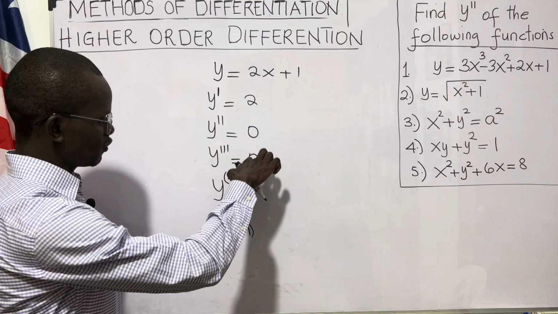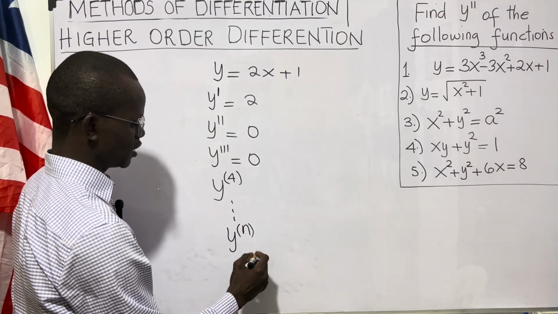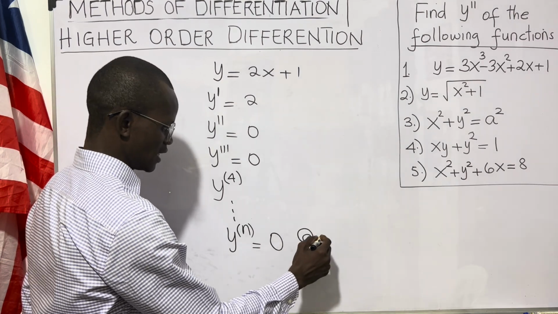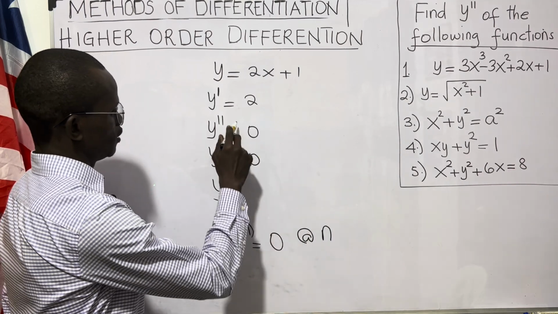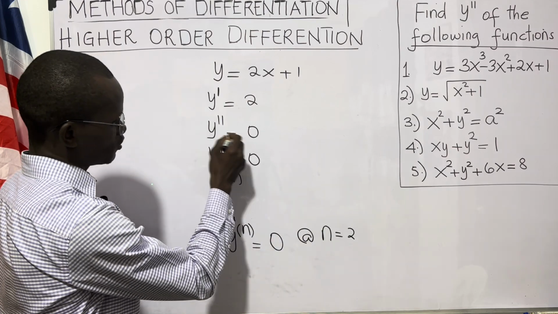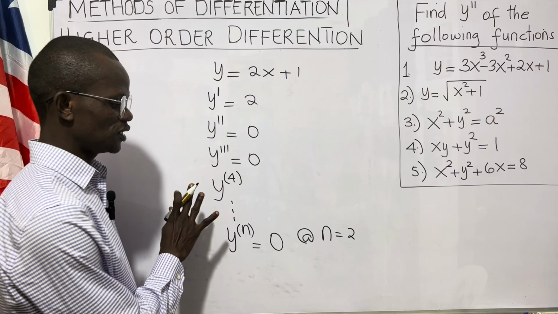So the nth derivative of this expression will just be equal to 0. When n is equal to 2, immediately you know that it is 0. So this is the nth derivative.